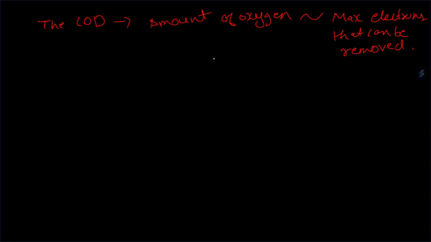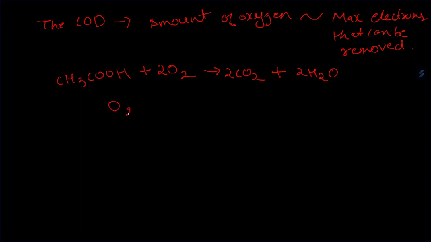Now just say for example, we'll take the example of acetic acid, CH3COOH. If I want to oxidize it, I will require 2 moles of oxygen, which will give me 2 CO2 plus 2 H2O. Now let me write the half reaction for oxygen, that is O2 plus 4e- plus 4 H3O+, that gives 6 H2O.